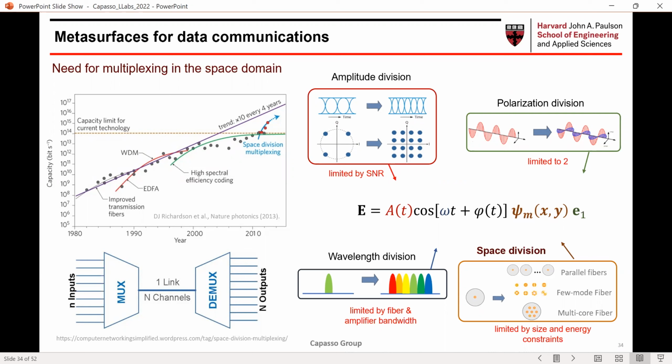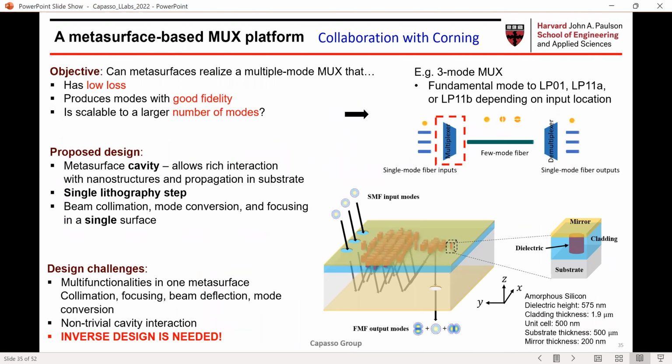So we wanted to demonstrate proof of principle, experimental, through fabrication. So with a metasurface platform, we could make a mode multiplexer, particularly a multiplexer, okay, for few-mode fibers. That was the goal. And so the idea is very simple here. This is a 3-mode multiplexer.